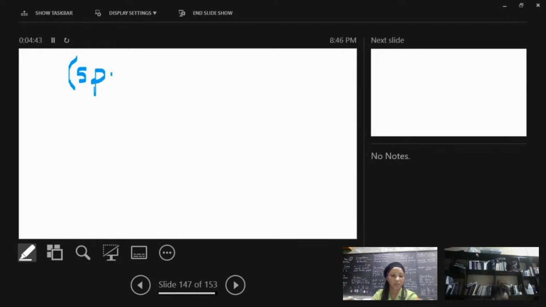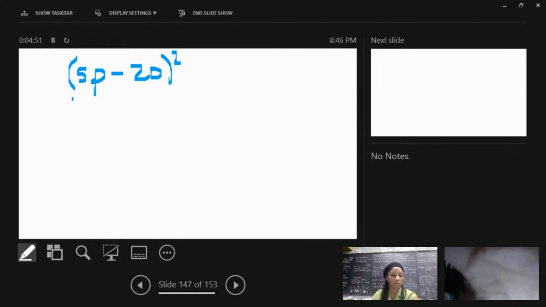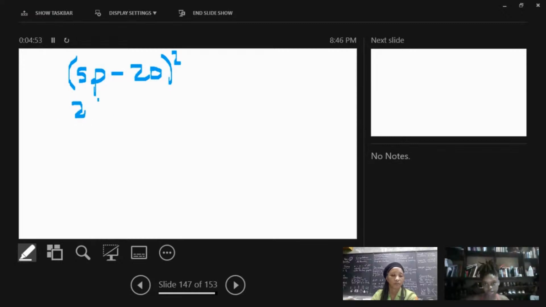5p minus 20. Okay, miss. So that would be 25p squared minus 20p. You sure?